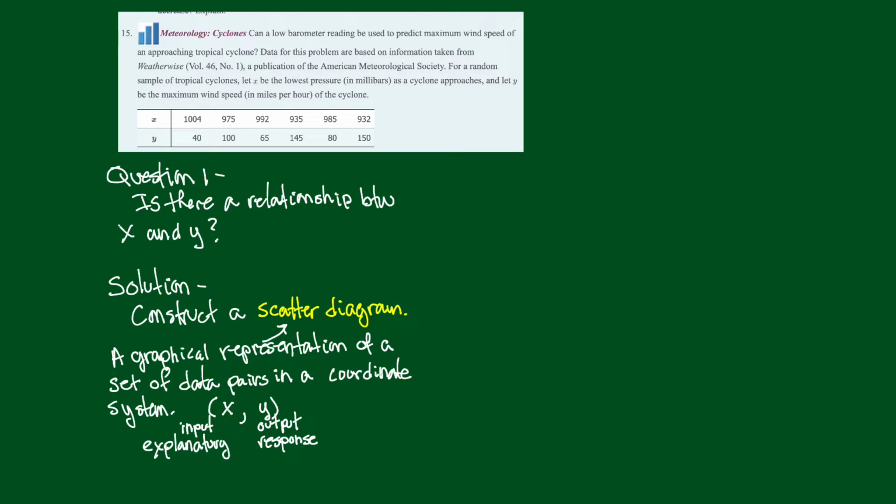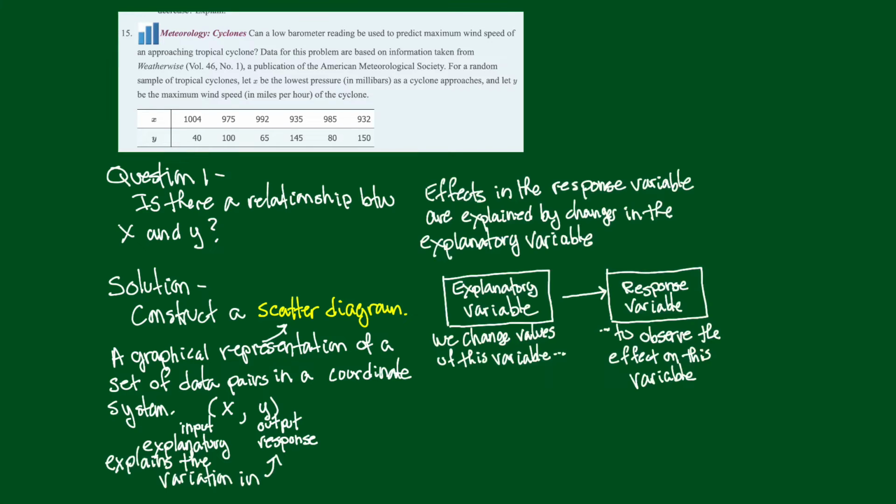Here are our ordered pairs, x and y. X is our input, y is the output, but we have statistical names for these. X, our first component, is called the explanatory variable, and y, the second component, our output, is called the response variable. We choose these terms because effects in the response variable are explained by changes in the explanatory variable. Here's a picture.